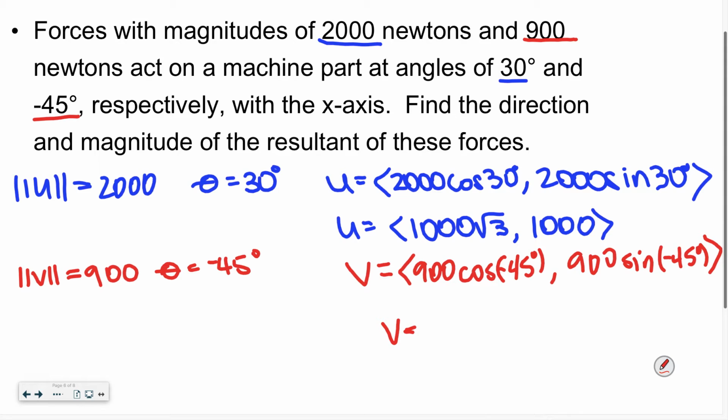Okay. Well, we know that the cosine and sine of any 45 degree angle is radical 2 over 2, but we are in the fourth quadrant. So the cosine of negative 45 degrees would be a positive radical 2 over 2.